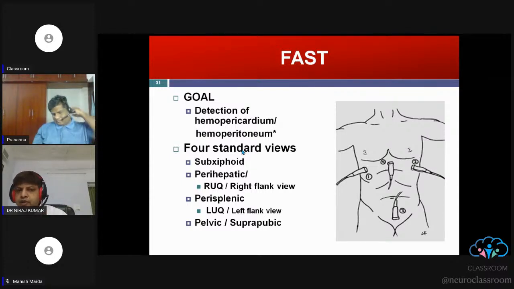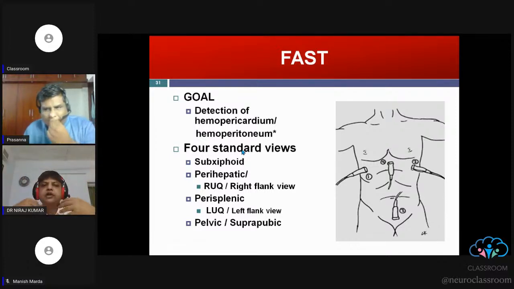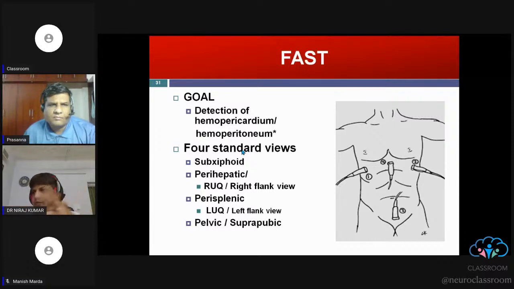Then the second part of the talk is the FAST examination. Remember, FAST examination is very useful. Imagine a situation: you are in the casualty, the patient is in shock, and we are giving fluid, but the patient is not responding. The patient is in hemorrhagic shock, you are giving fluid, and the patient is not responding.